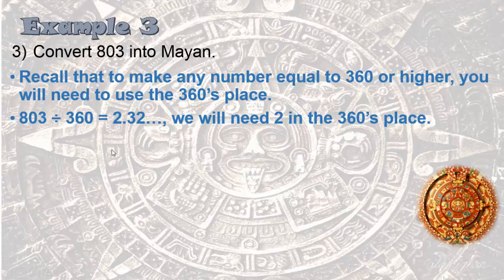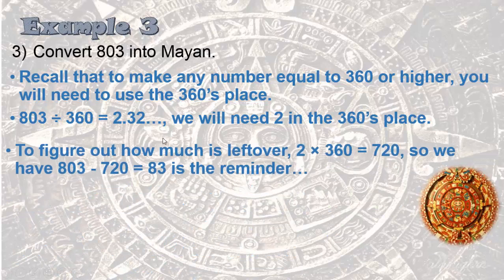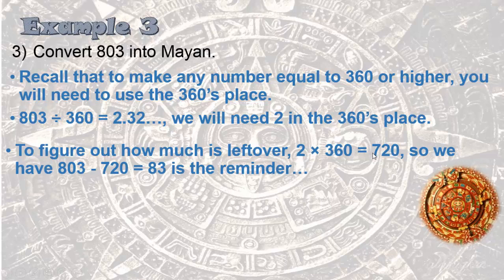Now we use the 2 part, but the decimal is not a remainder. So in order to find the remainder, we find that 2 times 360 is 720. So we have 803 minus 720 gives us 83 as the remainder.